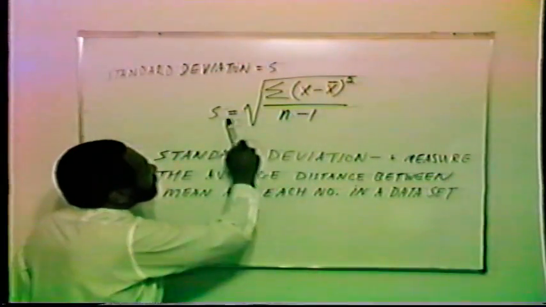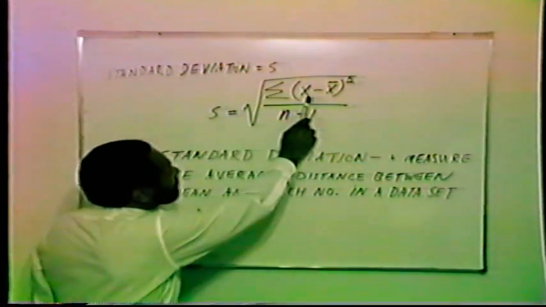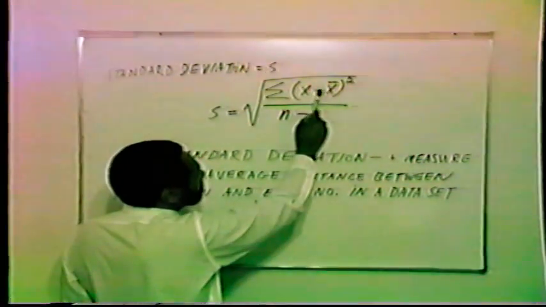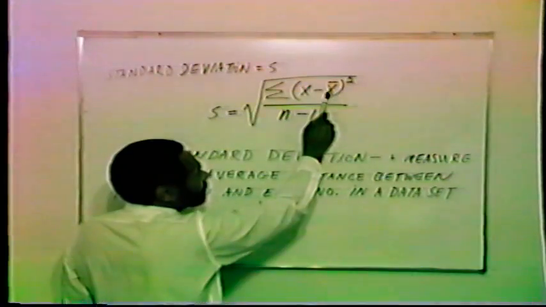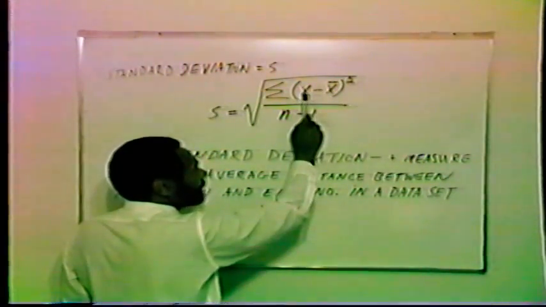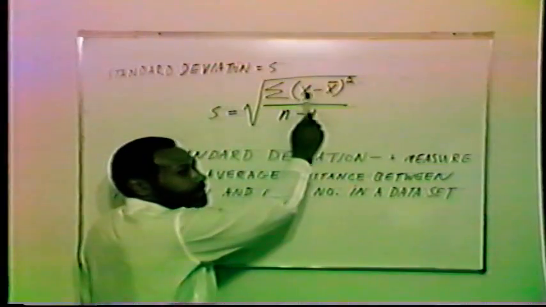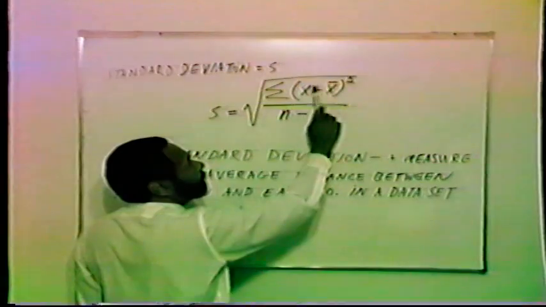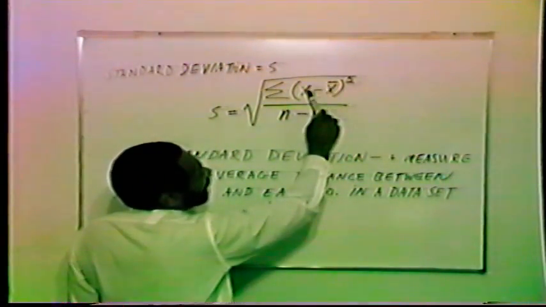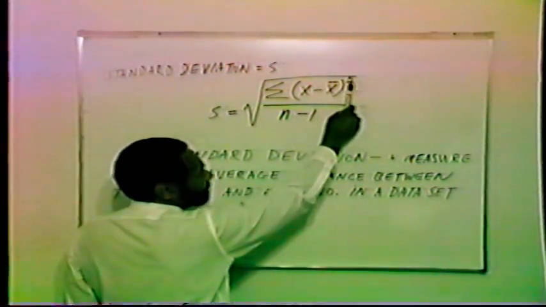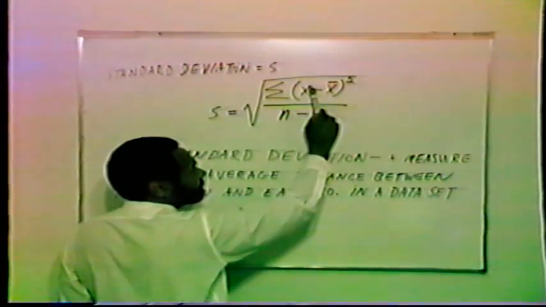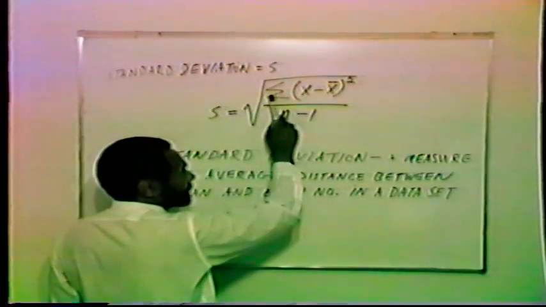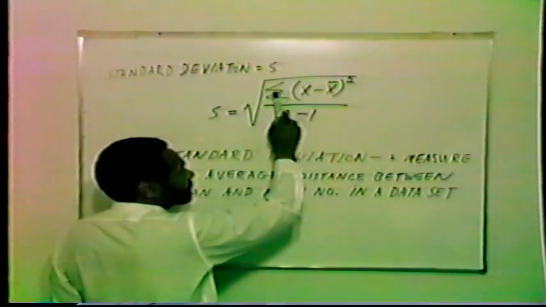As you can see by looking at this formula, we have to take each one of the scores and subtract the mean from each one of the scores. So the formula shows you that you're finding the difference between the mean and each one of the scores. And after you find those differences, you have to square them. Then this symbol here, the uppercase sigma, which is a Greek letter, tells us that we have to sum.